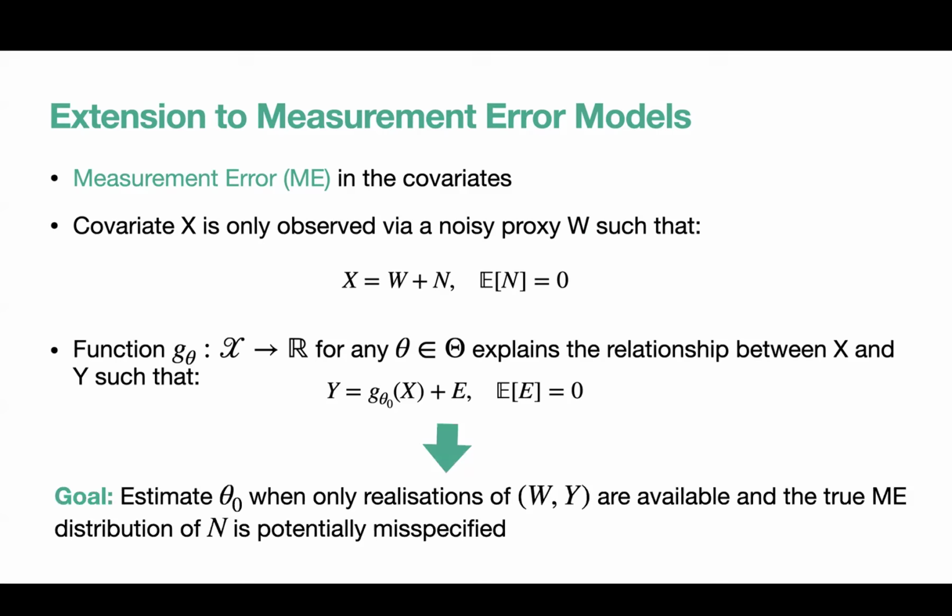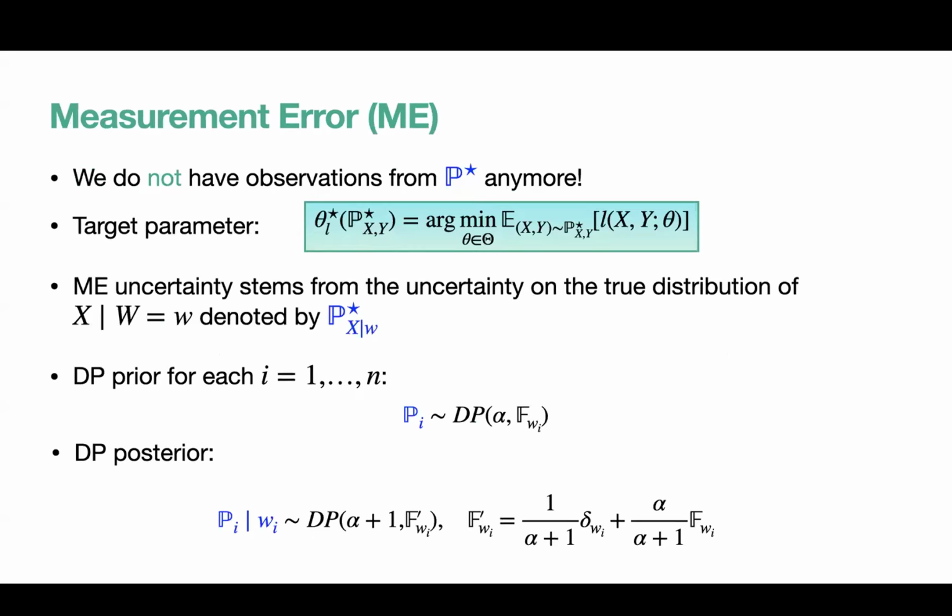Here we want to perform inference for theta under a potentially misspecified distribution of the error. If I don't know how it is distributed, this is quite hard. And the main difficulty compared to everything I've told you so far is that now we don't even have observations from P star. This assumption doesn't hold anymore, because P star is the true joint distribution of X and Y, but we're only observing W and Y.